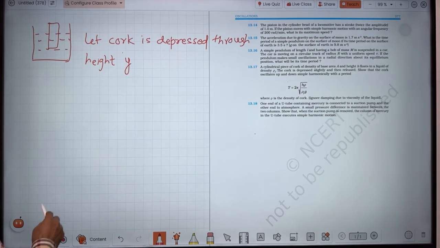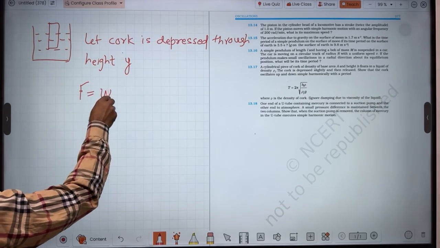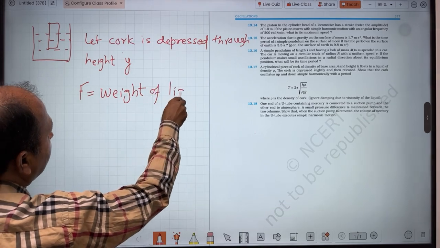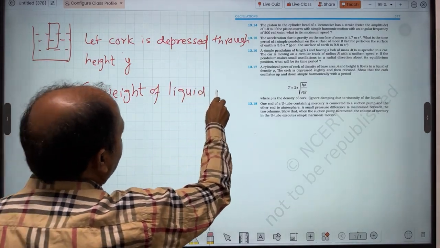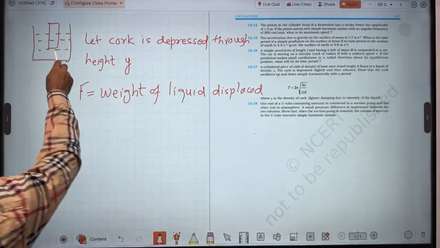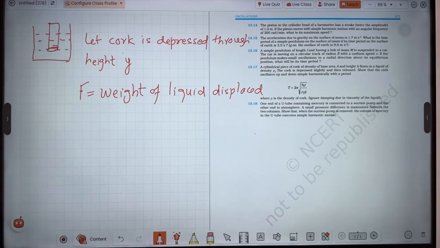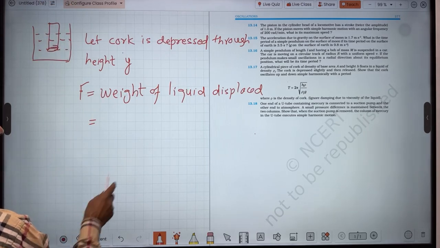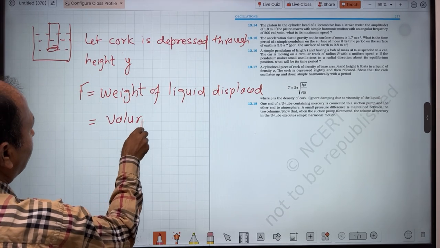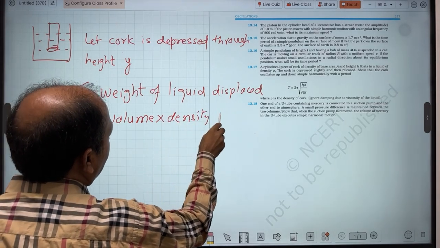The force will be the weight of liquid displaced. So here we need the area of cross section and the height through which it is depressed, then volume into density. So we need volume into density into g.